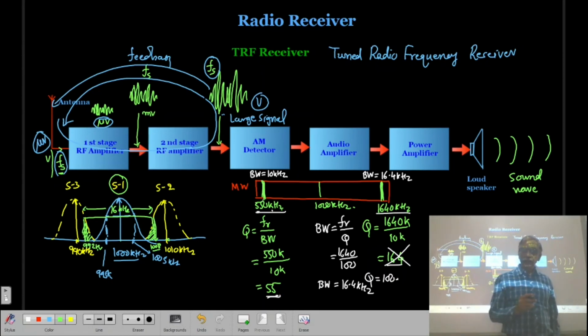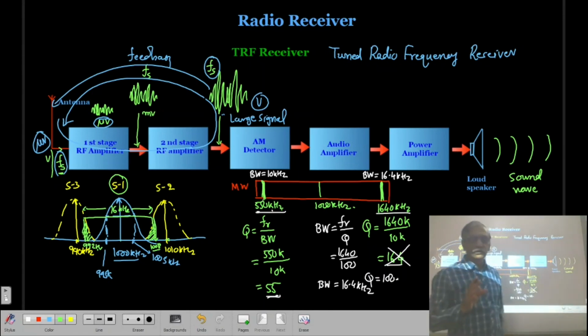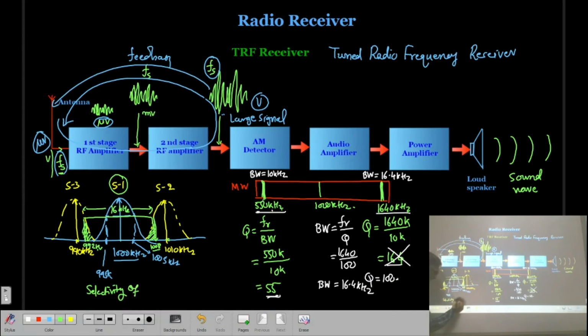Or you can say the selectivity of the receiver is going to be poor. Here, due to this increase in the bandwidth, the selectivity of the receiver becomes poor. This is known as the selectivity.